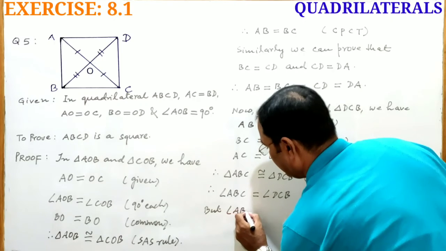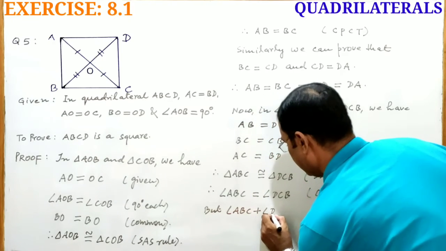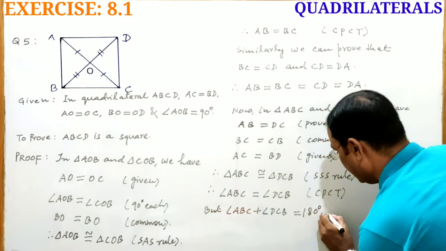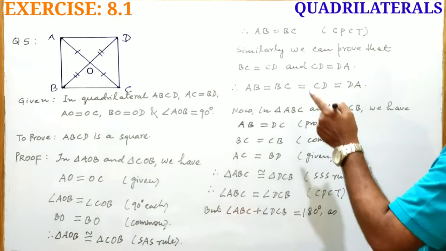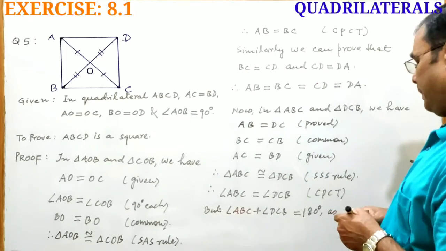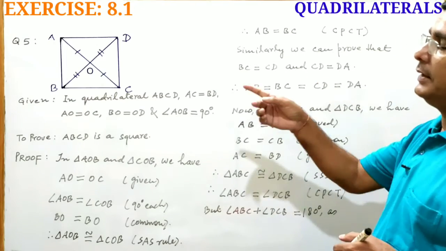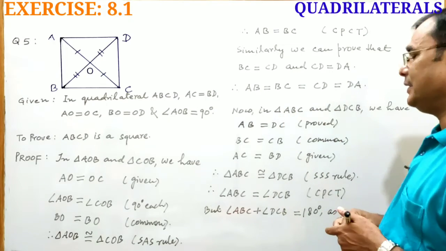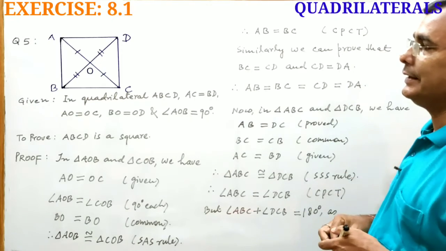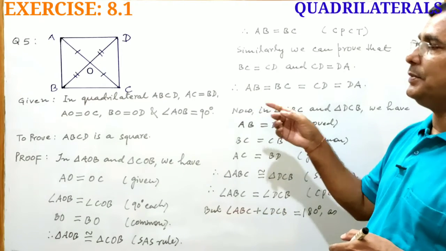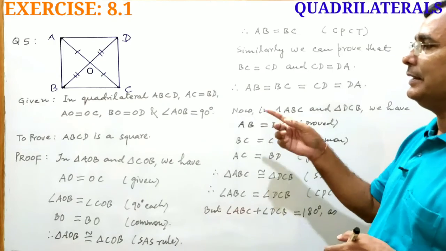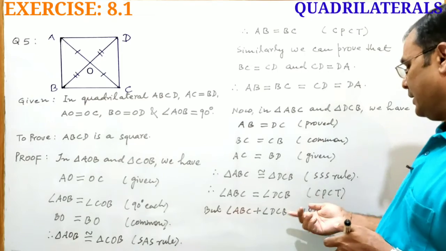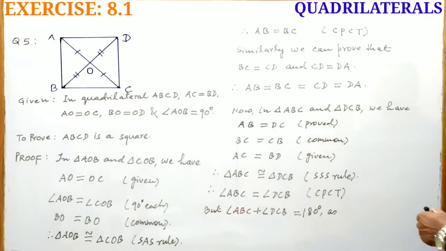But angle ABC plus angle DCB is equal to 180 degrees because ABCD is a parallelogram as its diagonals AC and BD bisect each other. It is given in the question that diagonals AC and BD of quadrilateral ABCD bisect each other. Therefore, ABCD is a parallelogram.